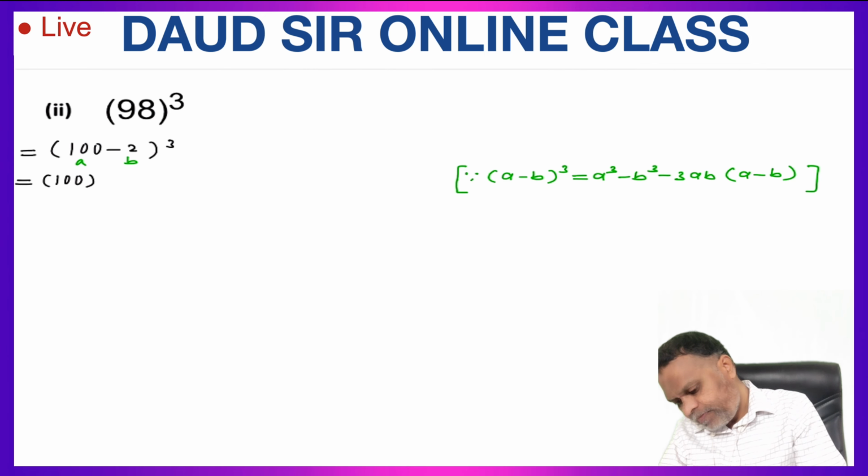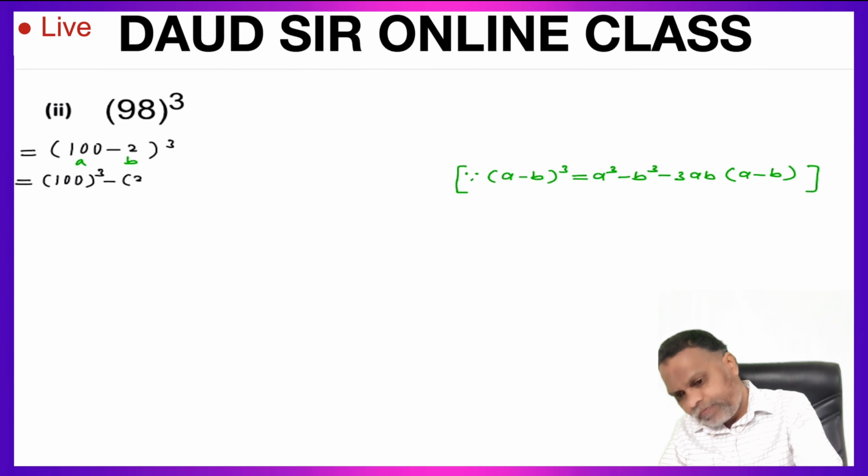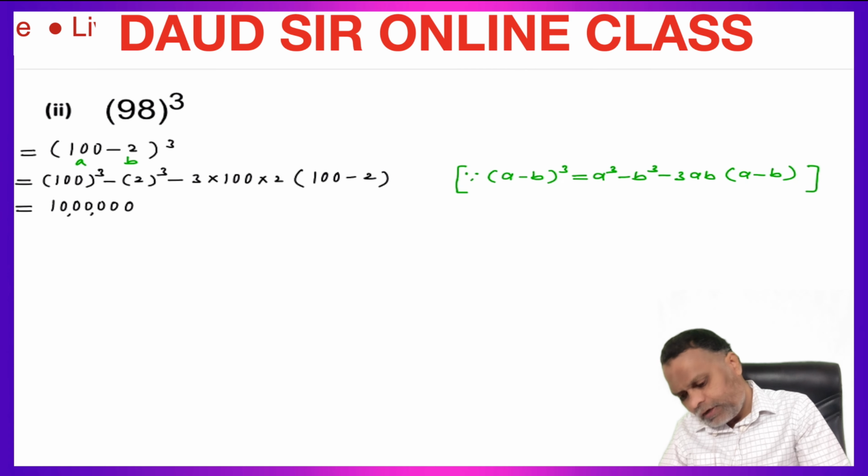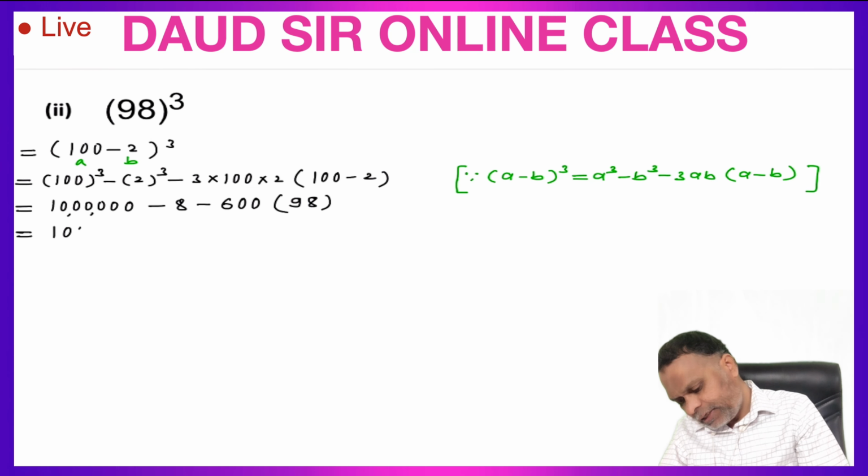100 cube minus 2 cube minus 3ab, 100 into 2, into a minus b, 100 minus 2, which is equal to 100 cube means 6 zeros, minus 2 cube, 8, minus 3 2s are 6 into 100, 600 into 100 minus 2, 98, which is equal to 1 and this 6 zeros, minus 8, minus 600 into 98.